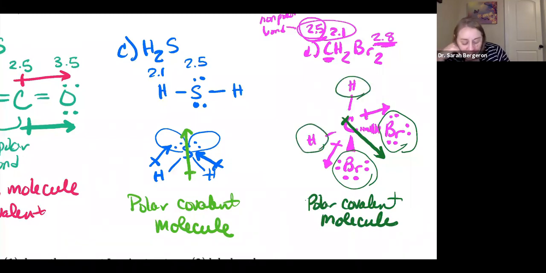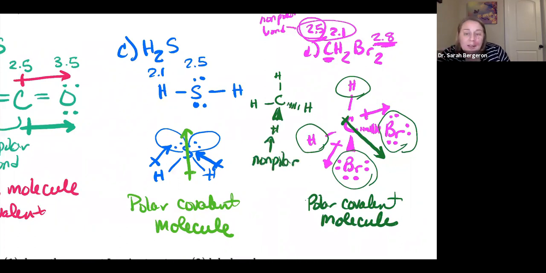So if this were CH4, where we had one going out the back, and these were all hydrogens, then this would be nonpolar because it's all the same. And even if it were bromines, something with an actual electronegativity difference, if it was CBr4, what we would see is still it's nonpolar because all the atoms surrounding that central atom are exactly the same.